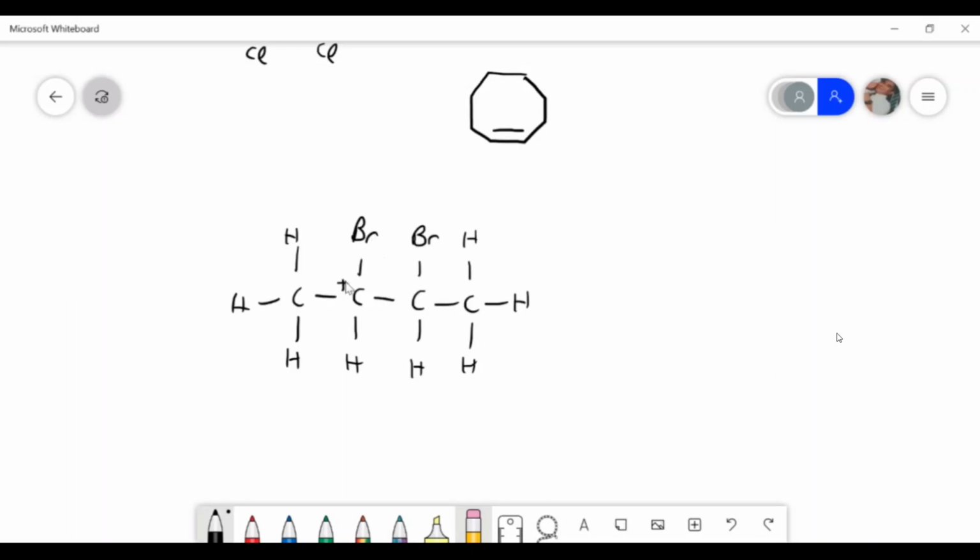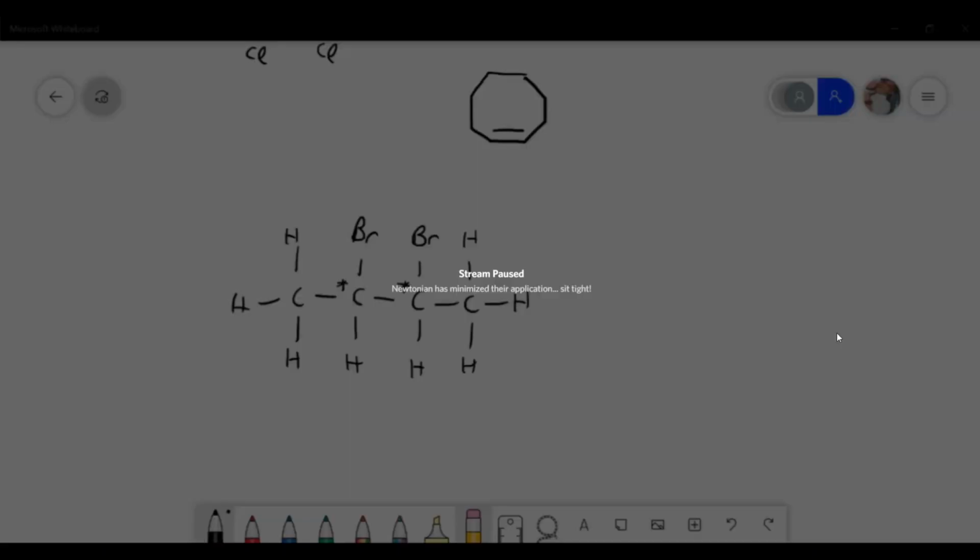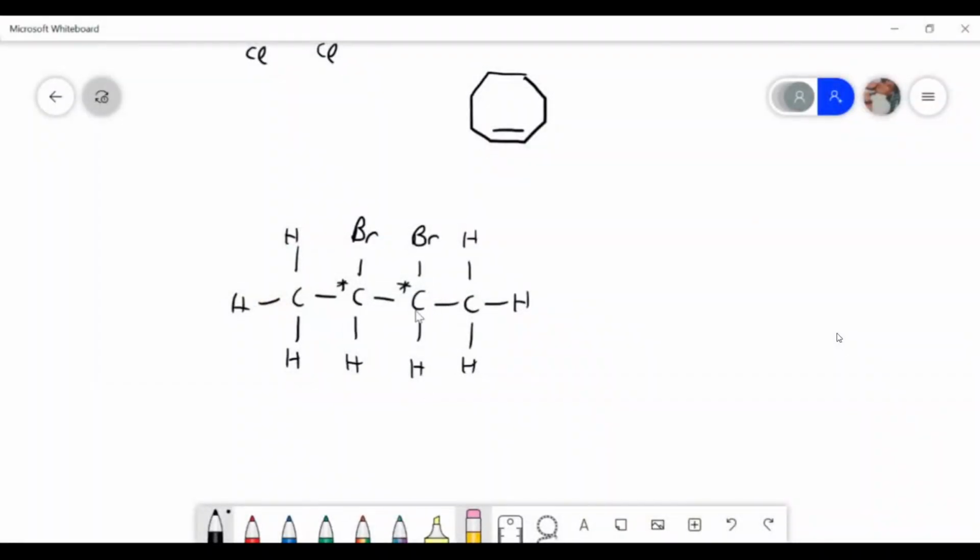Now this has two chiral carbons, right? So your maximum possible number of stereoisomers for this is 2 to the power of 2. There are four stereoisomers as the max number.